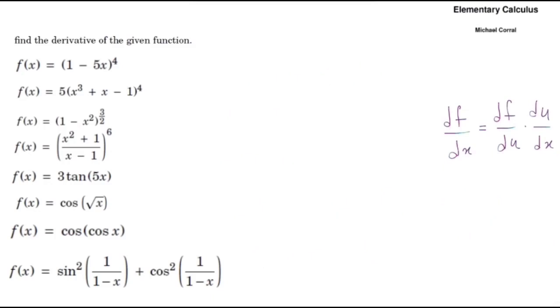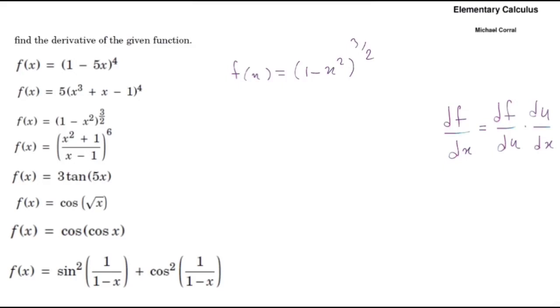The next function is f(x) equals (1 minus x squared) to the 3/2 as an exponent, and because 3/2 is a rational number, for finding the derivative of f(x) we can use the power rule.